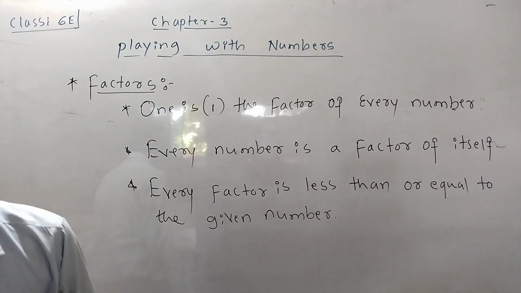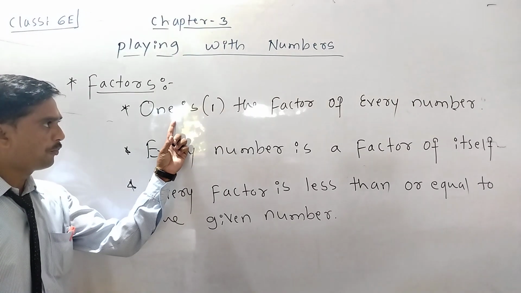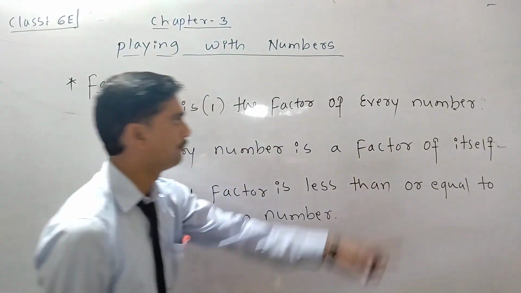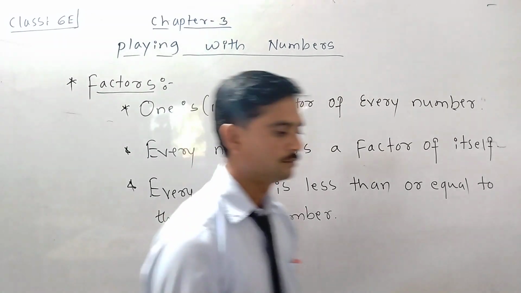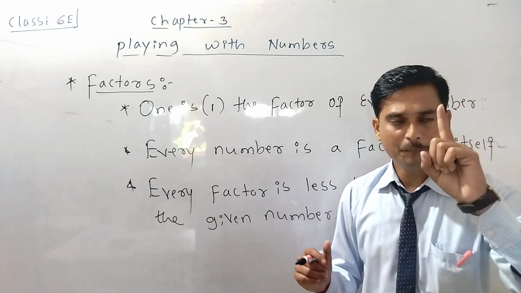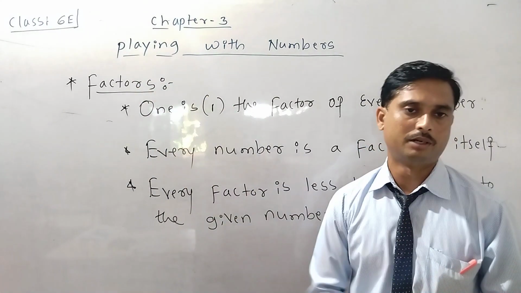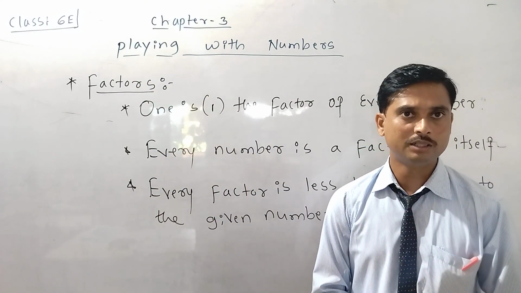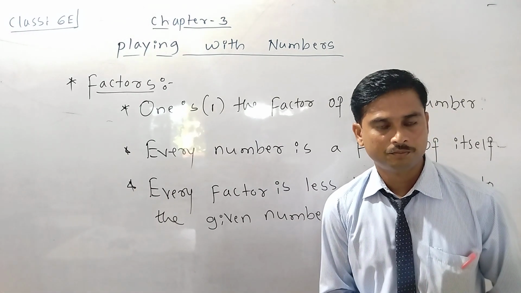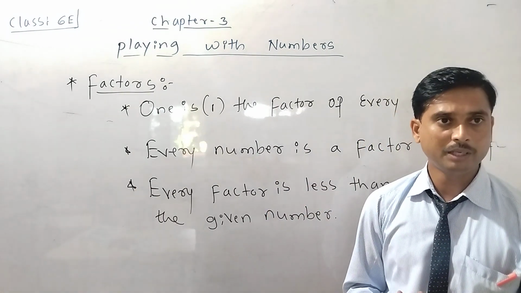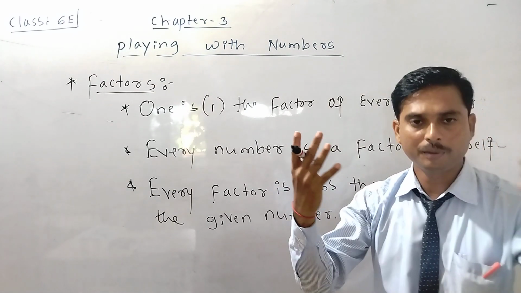These points are very important, dear students. First point: 1 is the factor of every number. Yes, it is clear. 1 is the factor of every number means 1's table has every number. If you count 1's table, sir, it is infinity. If you count your hairs, sir, how is it possible? So many hairs are there.